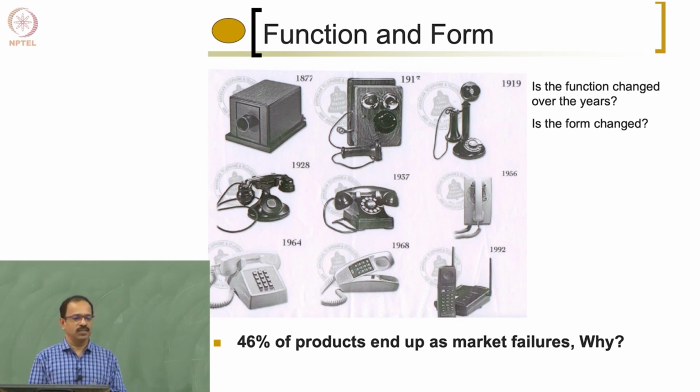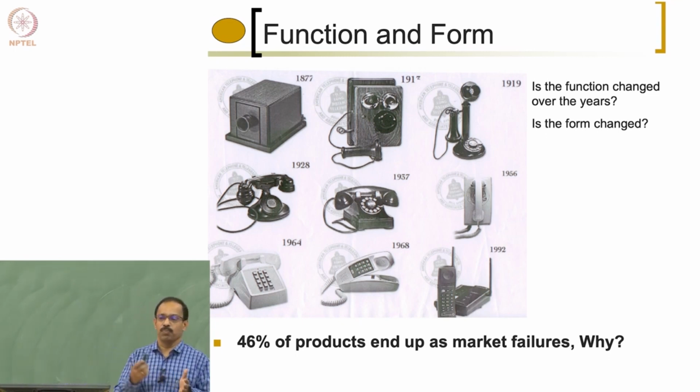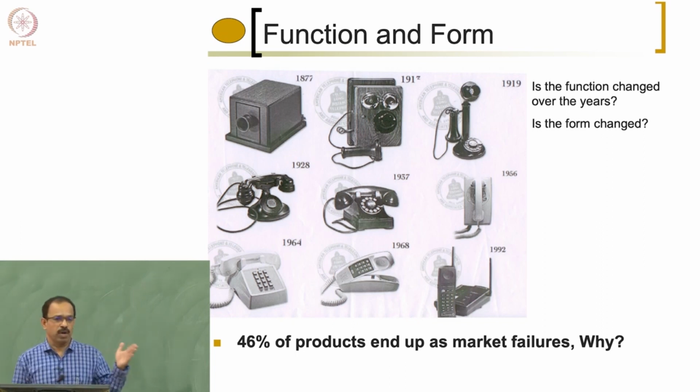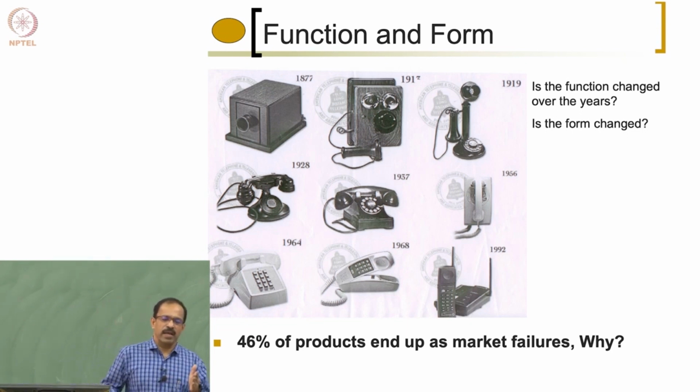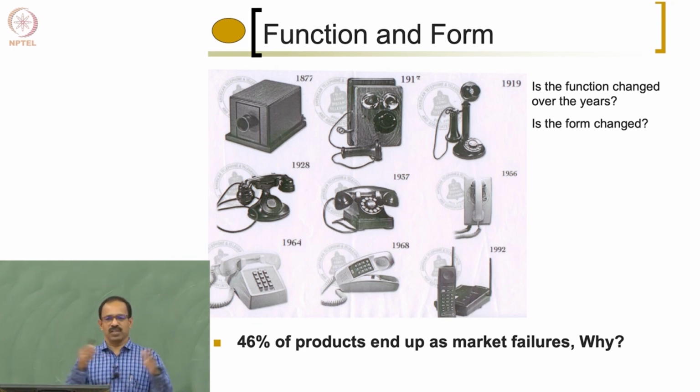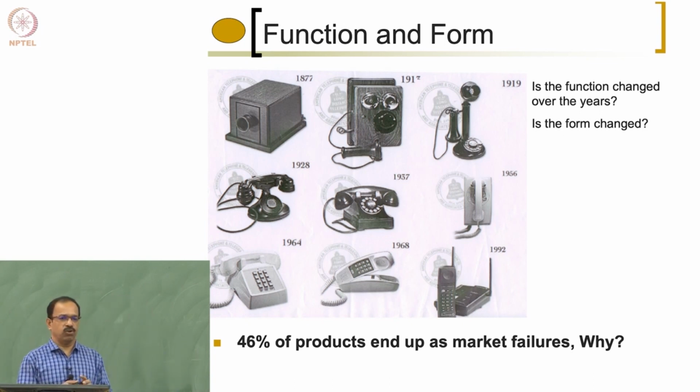Okay, as designers, one good understanding is basically how products evolve over a period of time. You have a lot to learn from the evolution. You need to look at how the product is changing in the market and what drives the product to change its shape, color, size, or whatever it is. What was the driving factor which led to change in the product architecture or the product shape?